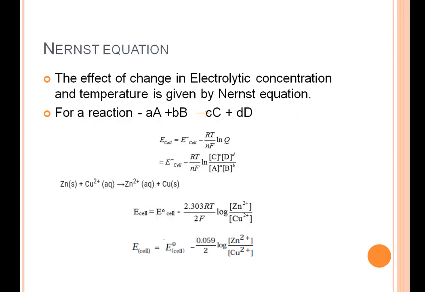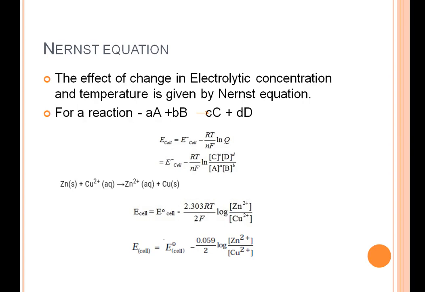Now, you can also calculate the EMF of the cell at any concentration. Up till now, we have calculated the EMF, standard EMF, but now we can calculate the EMF of the cell at any concentration, and that was given to us in the Nernst equation. It was given by Nernst.